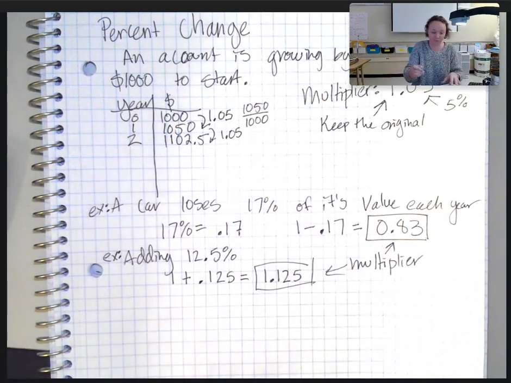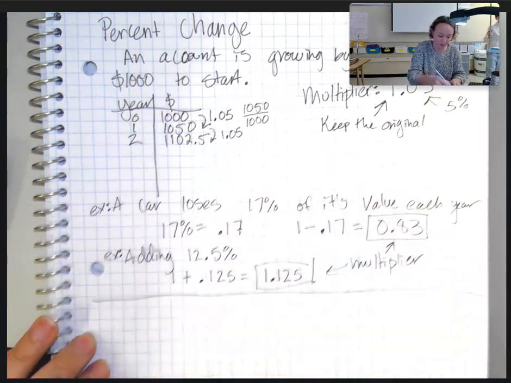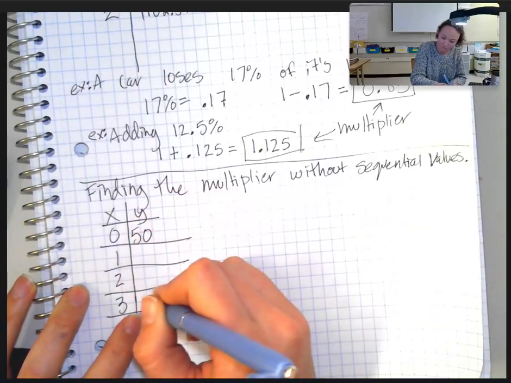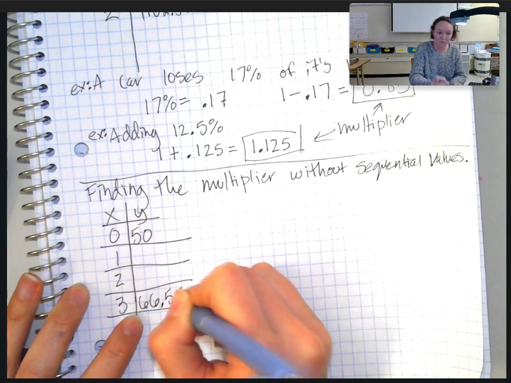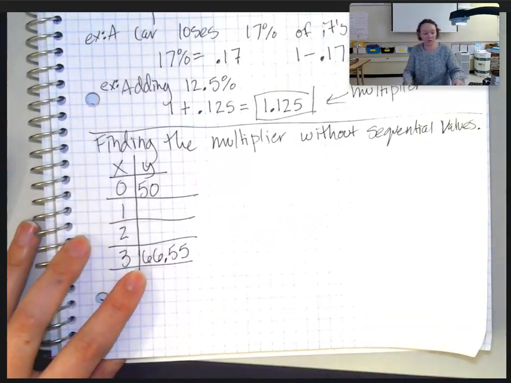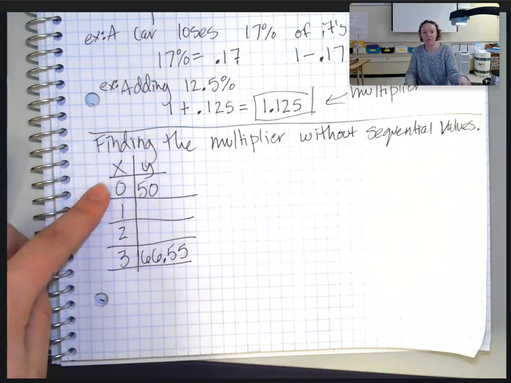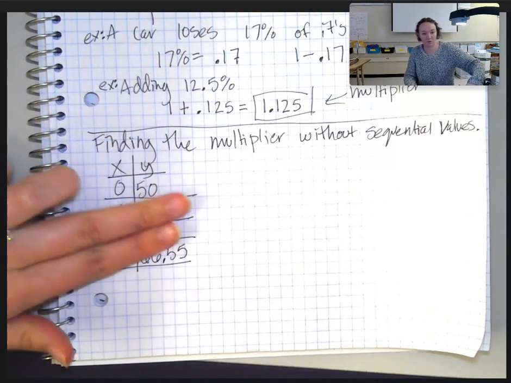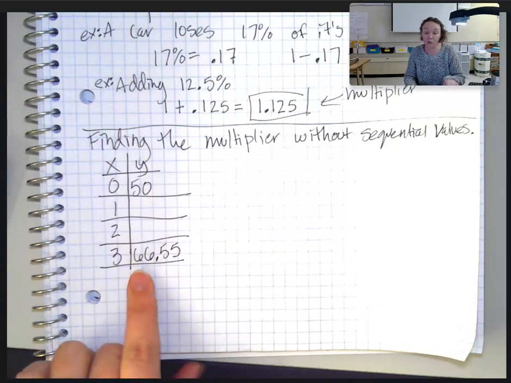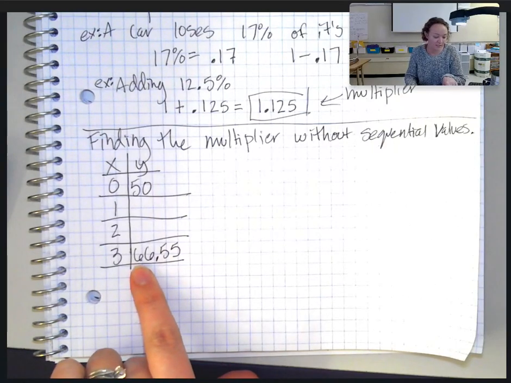It's just a little bit trickier. So let's do one like that. All right, so let's say that I told you that the starting value is 50, and then I jumped straight to 3, and I did not give you any of those in-between values. And I told you that when it reaches 3, it is 66.55.